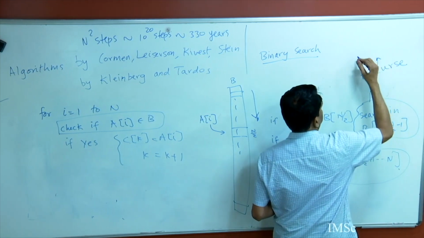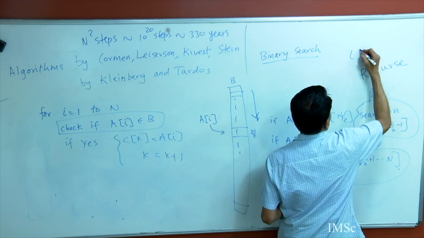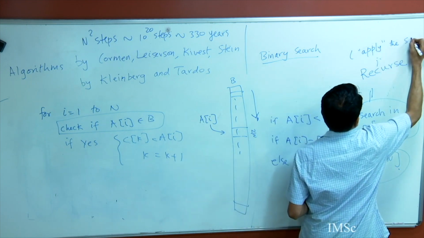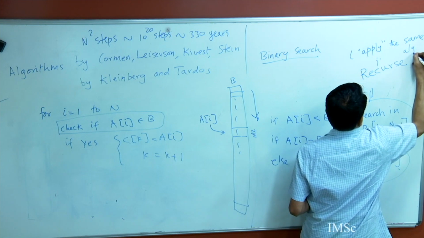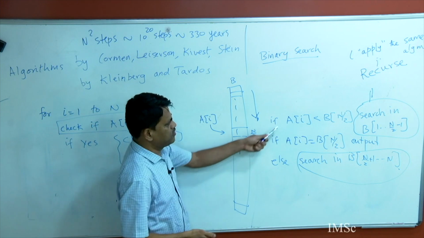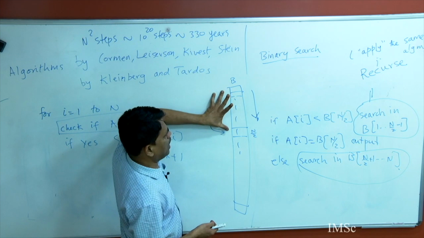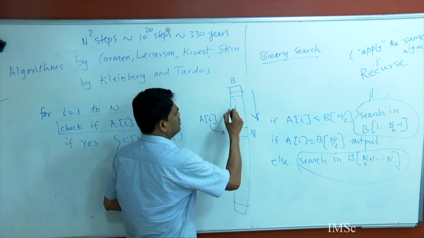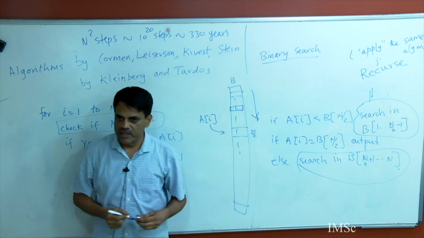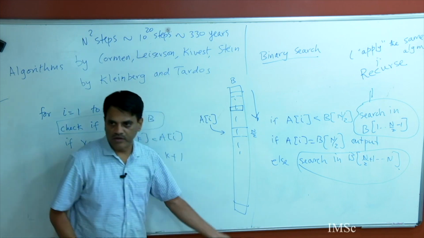Which means apply the same algorithm. So we're not going to just go and search one by one. If you say search in 1 to n/2 minus 1, I'm not going to search one at a time, but apply the same algorithm means that I'm going to search in the middle portion, and then continue, right?